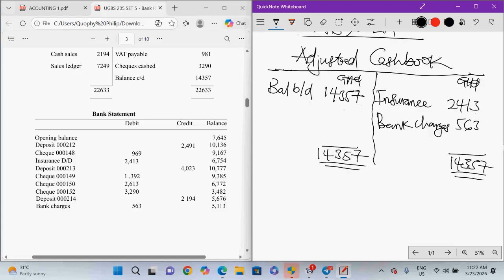So what is the difference? The difference will be here, balance c/d. What is our balance c/d? $11,381.